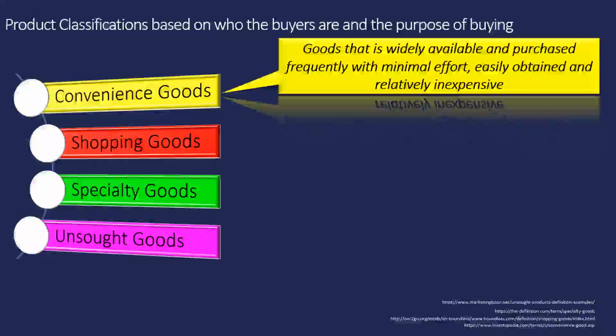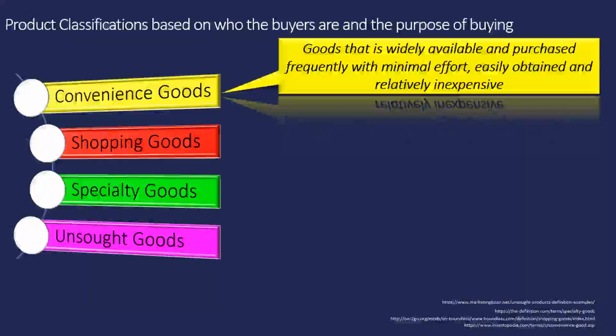So we can say that convenience goods are the goods that we can get easily. We do not need to have so much effort to get it, and the price is not really expensive, pretty cheap, so we can buy it more often.